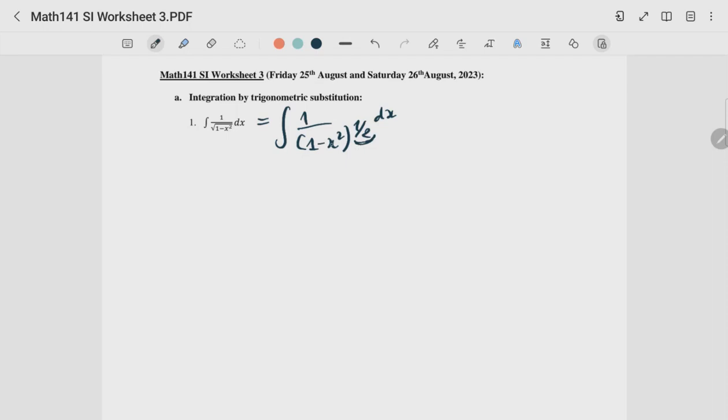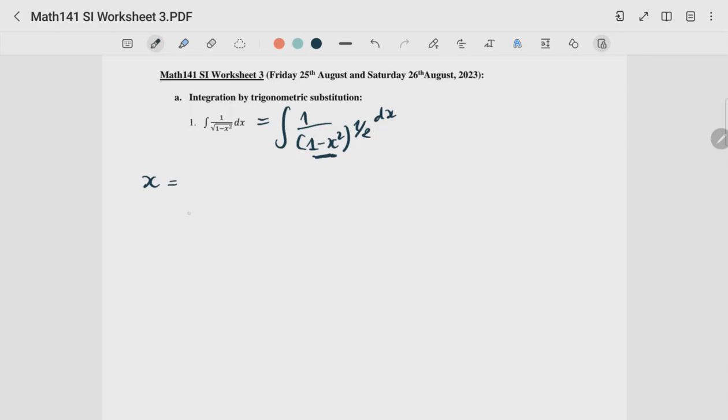But as long as you have that expression there, 1 minus x squared, then in general, there might be some exceptions here and there, immediately it tells you that you have to use trigonometric substitution.